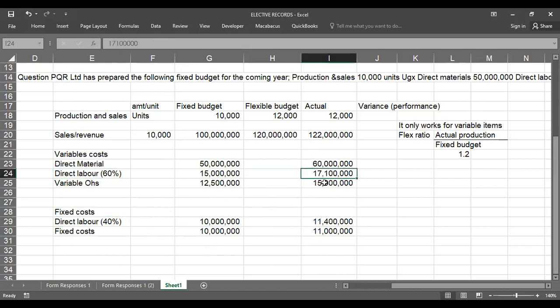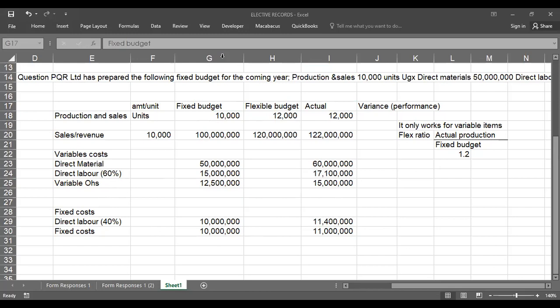They added the 17 plus the 11,400 to give you 28,500, which I've shown you that you split based on the condition given: 60% of direct labor is variable, then 40% is fixed. Otherwise, the information is given in the question, and you don't do anything regarding actual and fixed. You put it there the way it is.